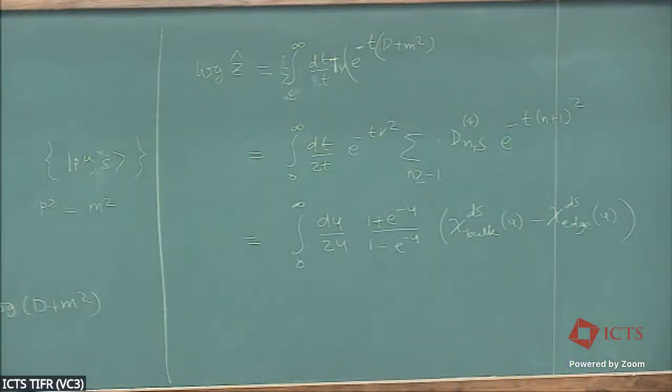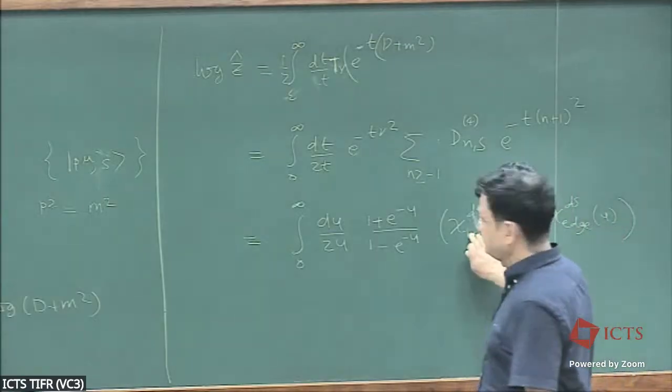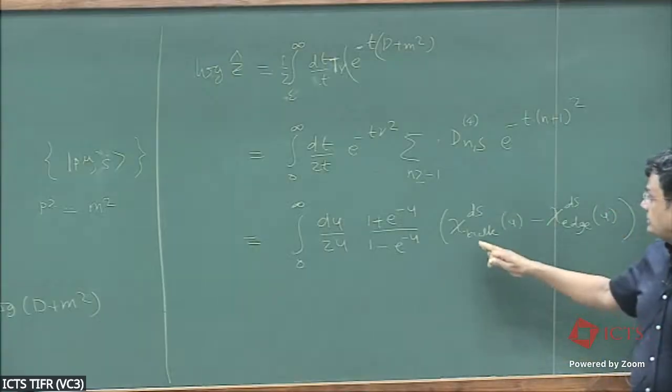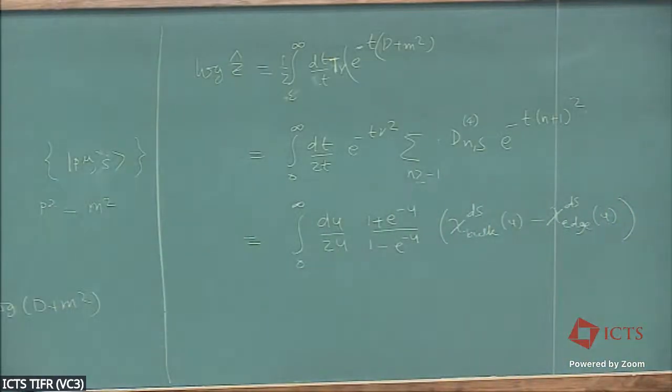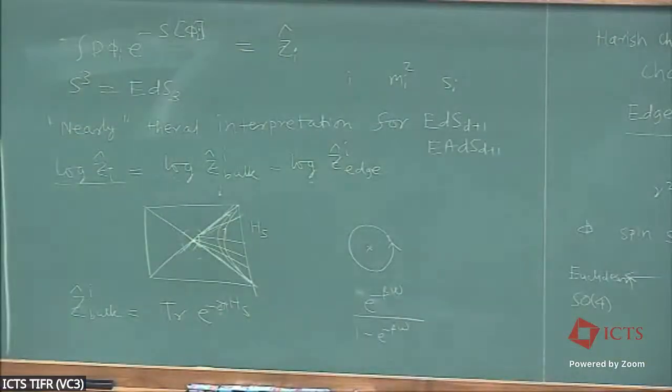The same thing manipulated into this. And this you can interpret very easily along these lines. You can show that that is equal to the logarithm of a partition function of just summing over various modes. So it's a thermal gas interpretation.